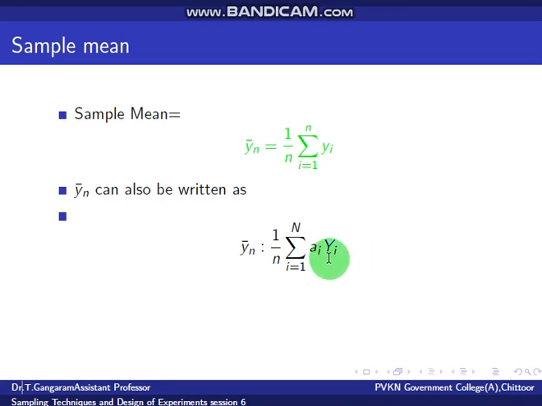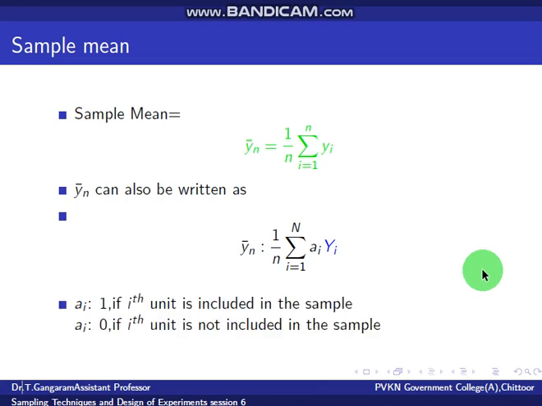Here we are multiplying all the population units with ai. We have to apply the randomness to all population units, so here capital N. You know ai is equal to 1 if the ith unit is included in the sample, and ai is equal to 0 if the ith unit is not included in the sample.